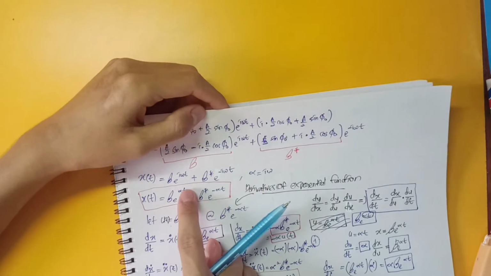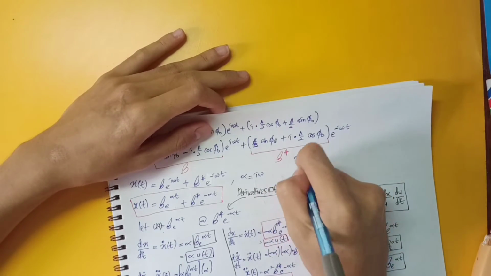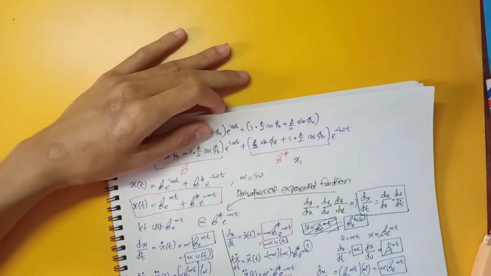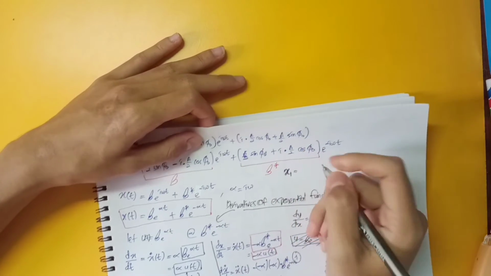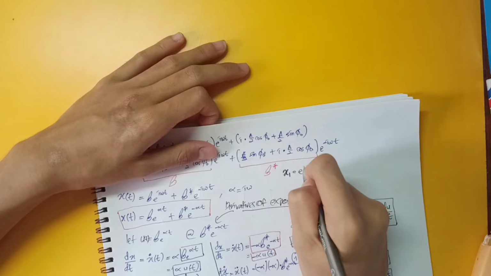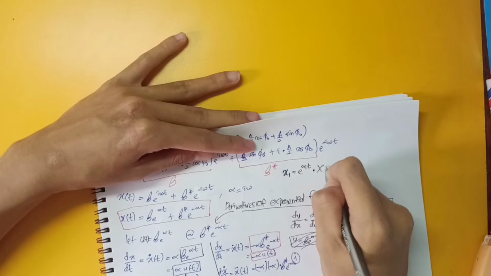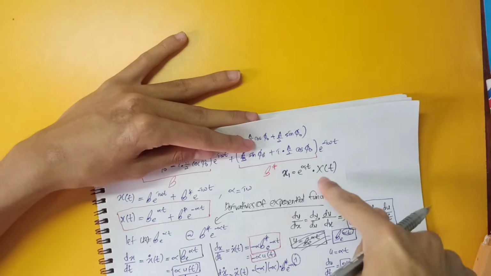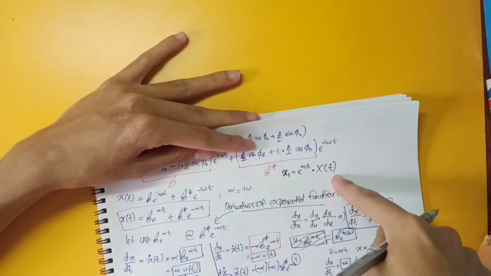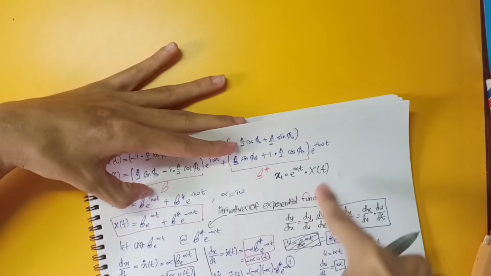Okay, right here. Since we know that we have the x1, x1 is equal to exponential power of alpha 1 t times with the capital Xt. Capital Xt is actually b, a constant here.